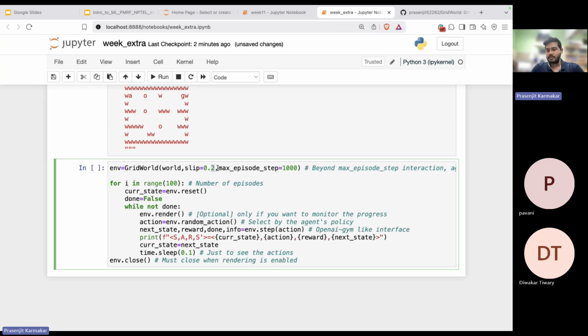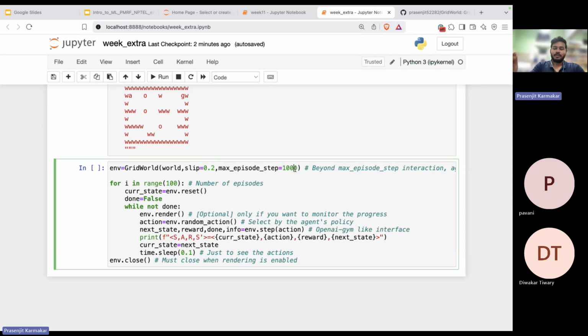From A1, A3, and A0, it will take something randomly with probability 0.2. Maximum episode steps of 1000 means you can only take up to 1000 interaction samples. Beyond that, it will terminate there. So basically it's a game end scenario, your game gets ended, timeout.